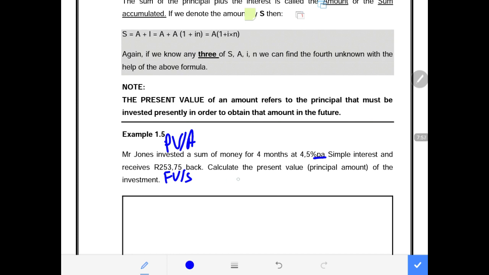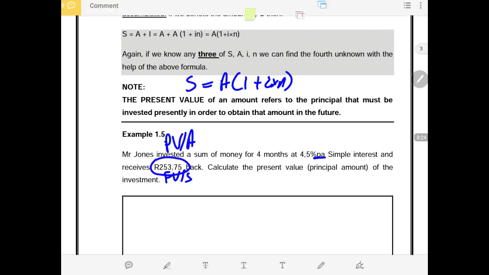Then it says calculate the present value of the investment. That means now we have to go to the formula, because what we have here is the sum accumulated, where the formula says sum accumulated equals amount invested times 1 plus i times n. I said worry not about how to derive the formula, but you just need to memorize the formula.